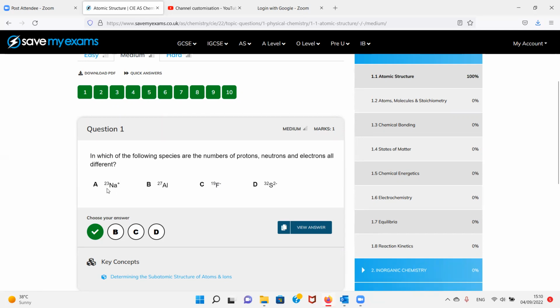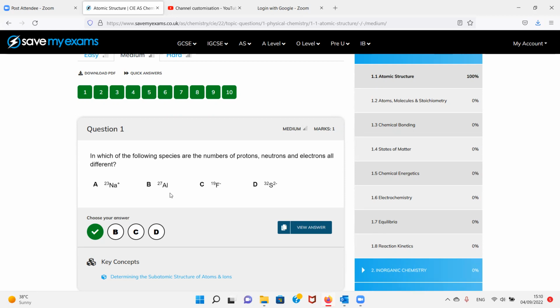And in this case, you will find that it has 11 protons, and the number of electrons will be 10. In case of aluminium, you will find that the number of electrons and protons are equal, each 13.